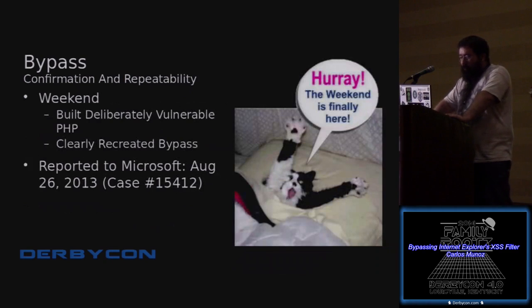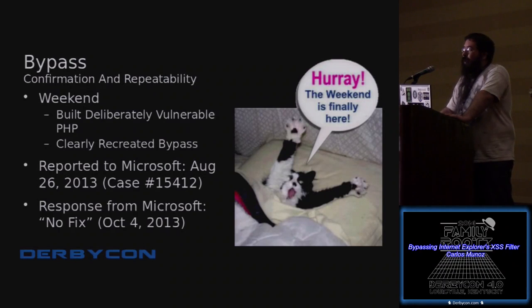Over that weekend, I built some deliberately vulnerable PHP code that recreated that bypass and reported it to Microsoft on that Monday. After roughly a month of emails going back and forth, Microsoft decided: no fix.